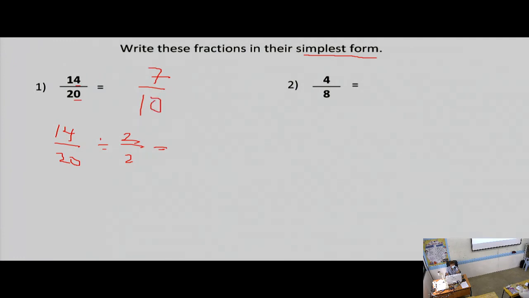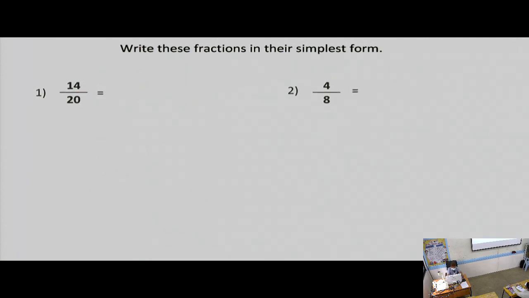Can you divide 7 and 10? No more. So this will be the simplest form. Okay? How about 4 over 8? What's the answer? 1 over 2. Okay. These are both divisible by 4. Next.